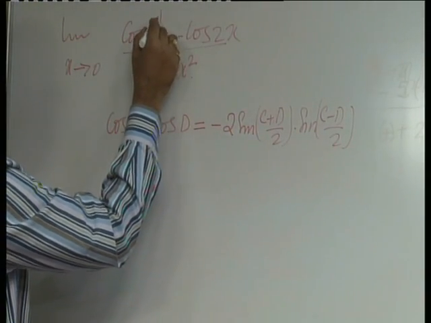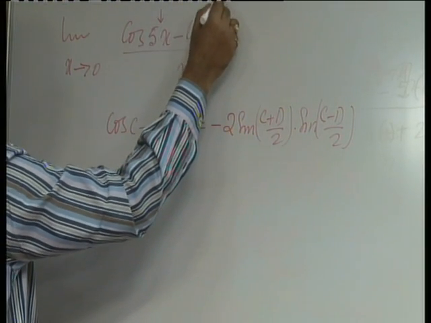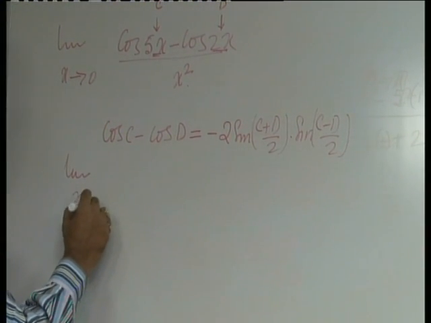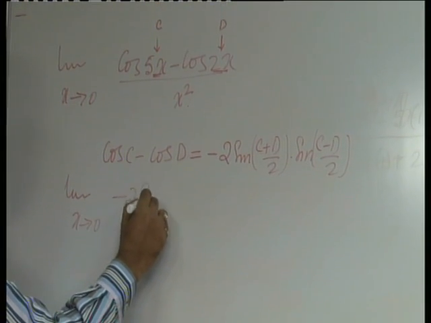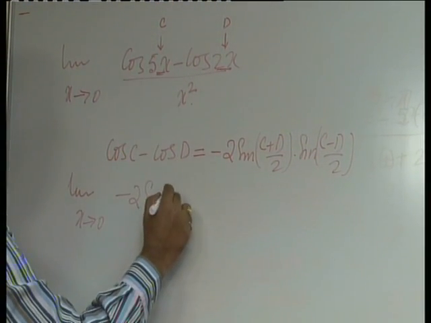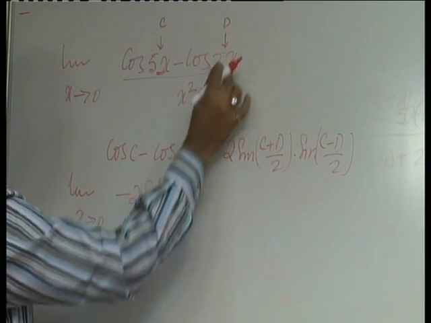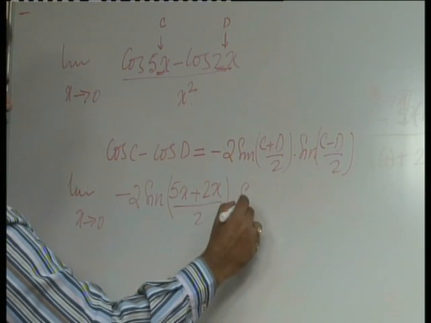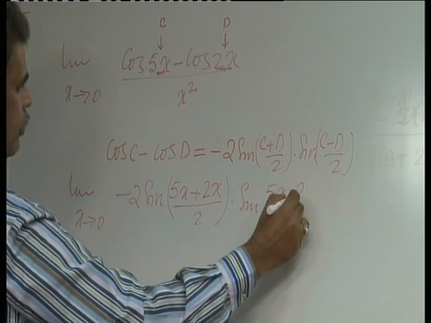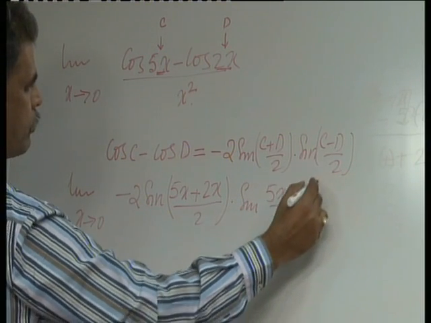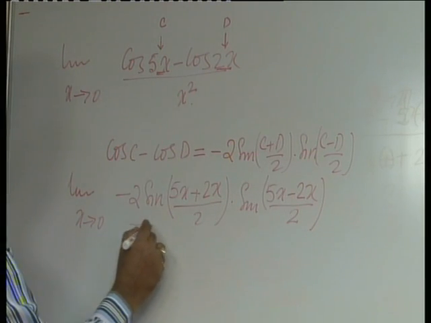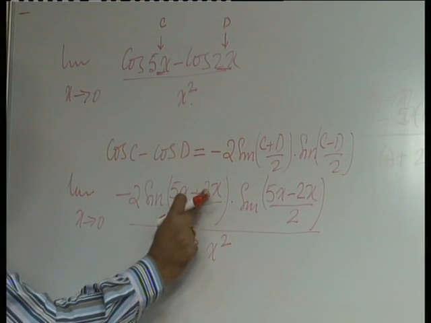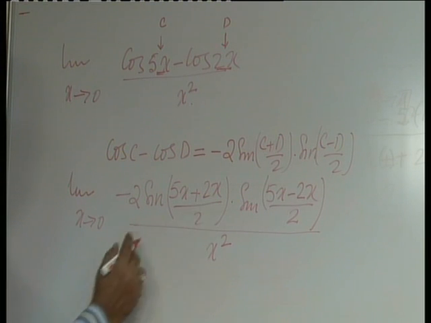Take 5x as C. What is D? 2x is taken as D. Therefore, limit as x tends to 0 of minus 2 sin of (5x plus 2x) divided by 2, into sin of (5x minus 2x) divided by 2, all divided by x square. 5x plus 2x is 7x, so 7x by 2.